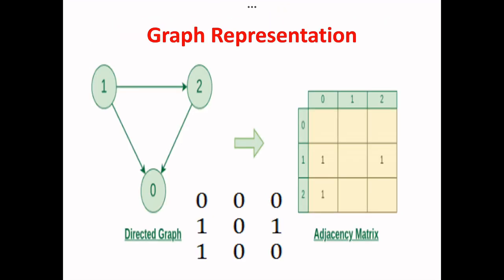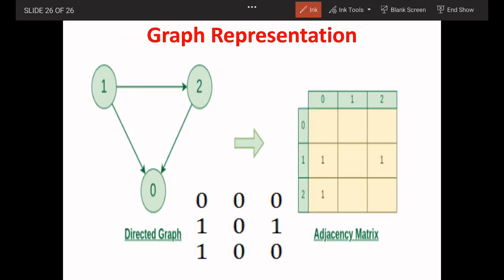Now next one is graph representation. Already we explained the graph representation. So you can see 1 is going to 2, there are 3 elements, 1 going to 2.